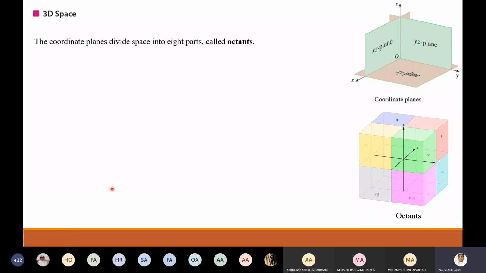This is the x-axis, this is the z-axis, this is the y-axis. Imagine the planes divide the space into 8 cubes, but we call them octants. We don't call them squares or cubes, because we are thinking about them as infinite in dimension. We think of it as infinite, but just for our limitation in this graph, we have boxes like this.